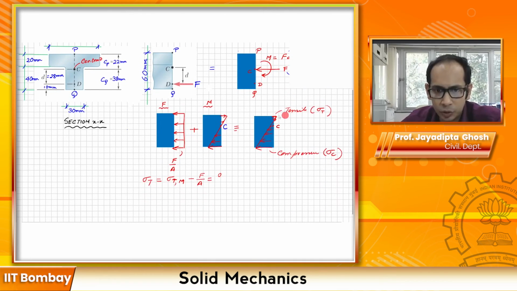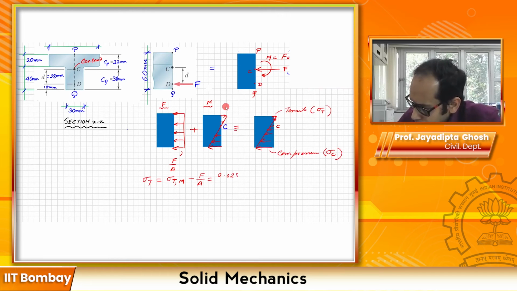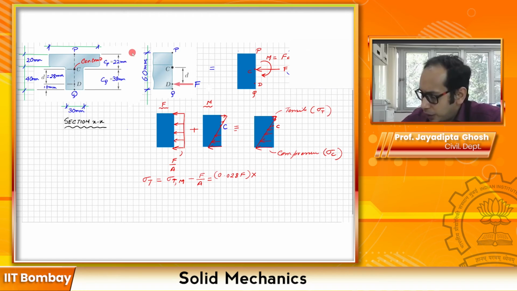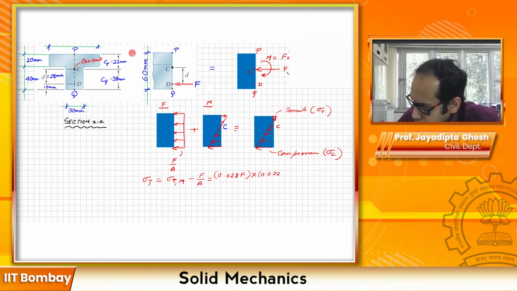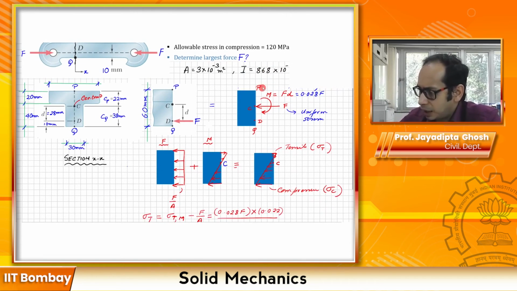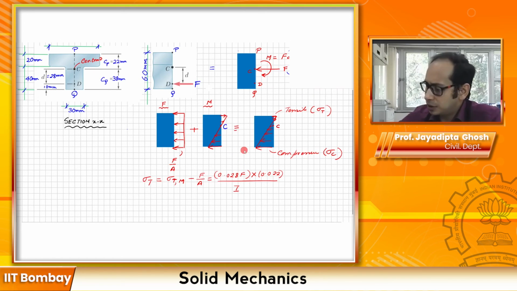So 0.028 F times this particular distance from C to above, which is 22 mm, times 0.022, because initially I am writing everything in meters, divided by the I which is given over here. So this is the I which we have. So this is the part for this term over here.